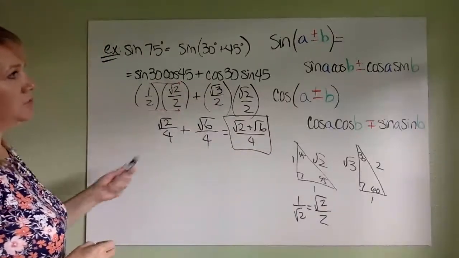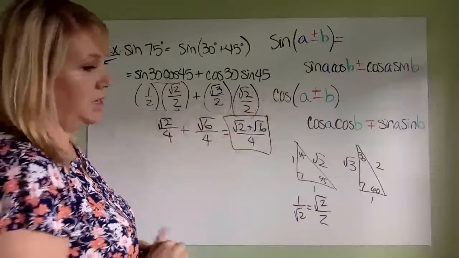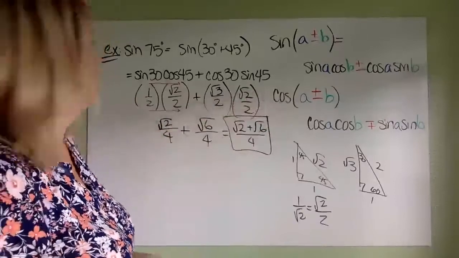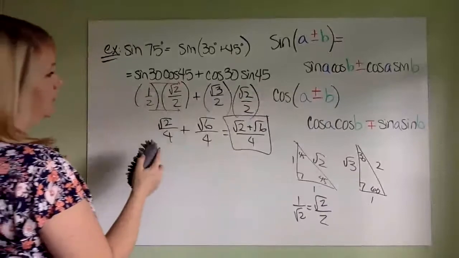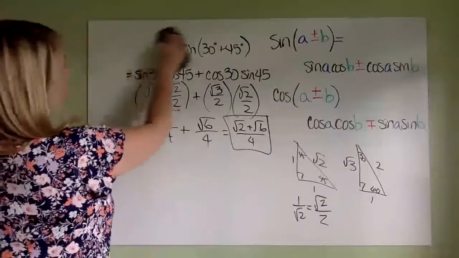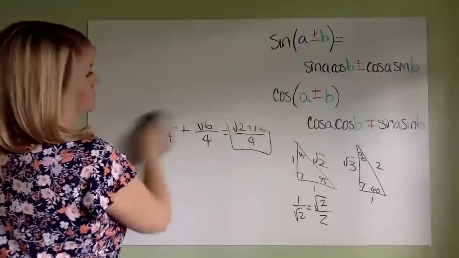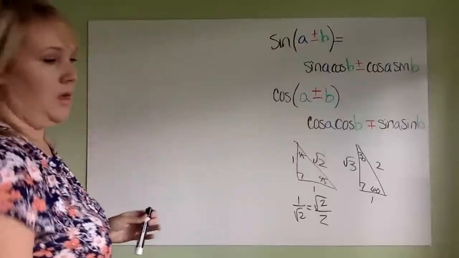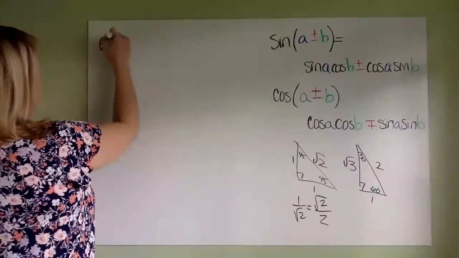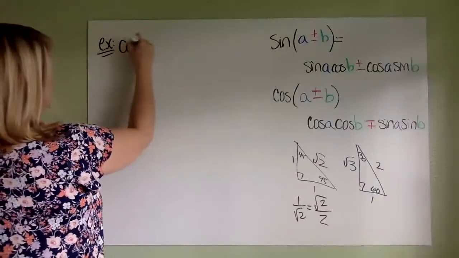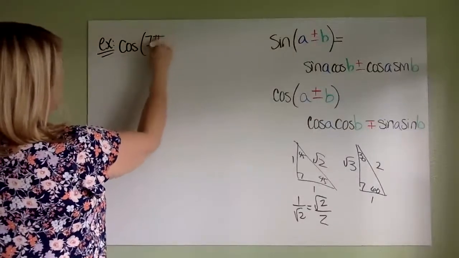Okay, so we're going to do another one. The next one would obviously be a cosine identity. So I'm going to erase this one. And on this one, we're looking for the cosine of 7 pi over 12.